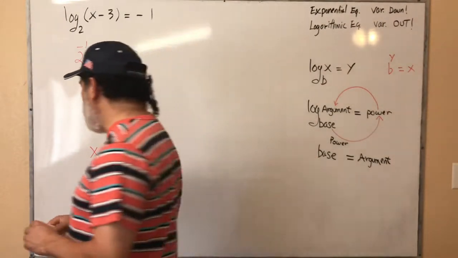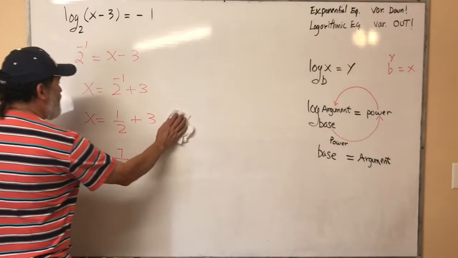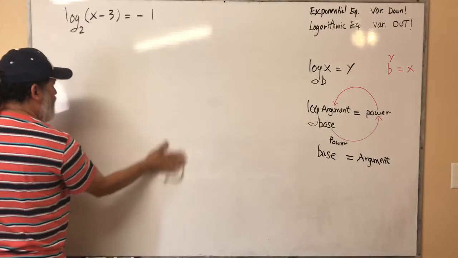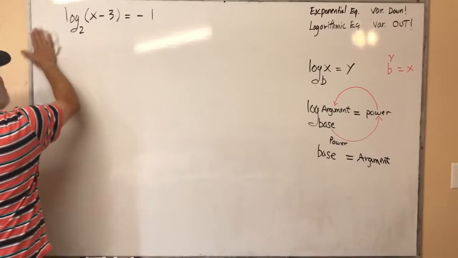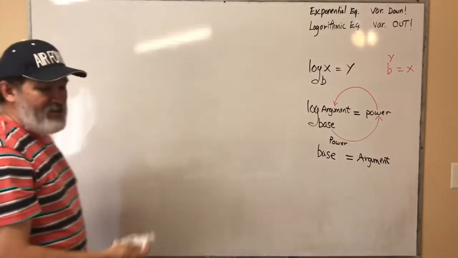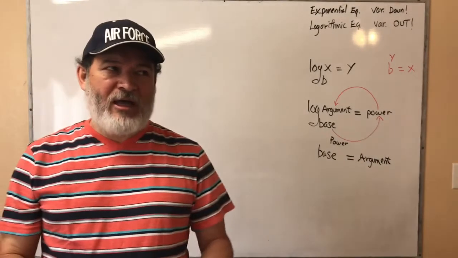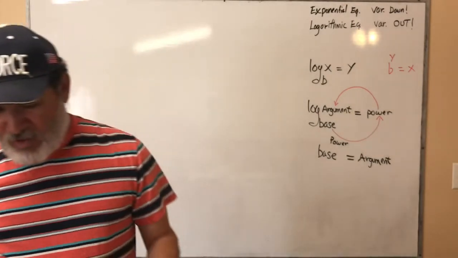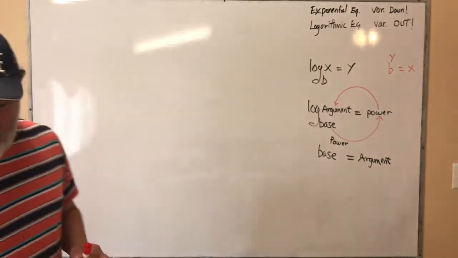All right, let's do another one. Sometimes the logarithms are very easy, especially if both sides have a log with the same base. Watch this problem. Here's an easy problem.